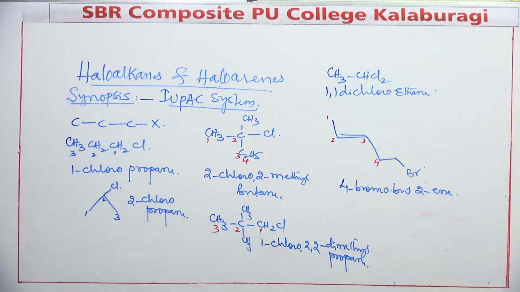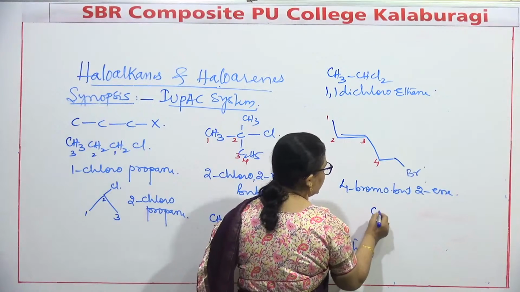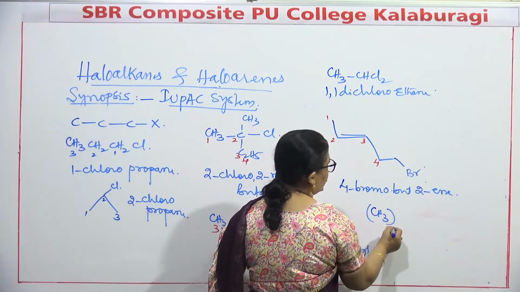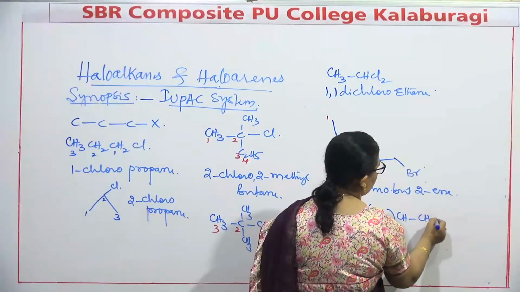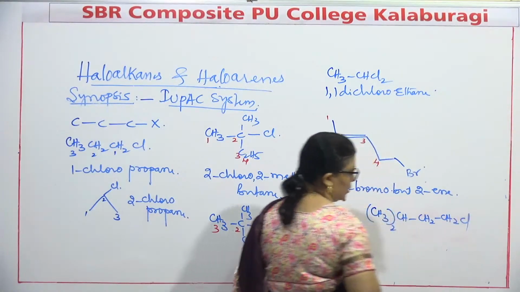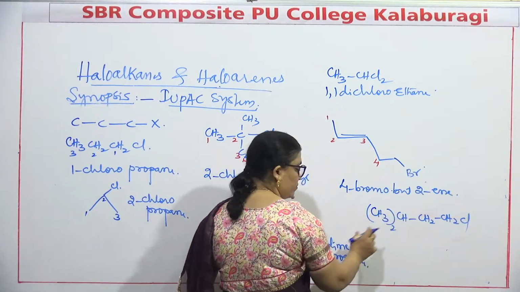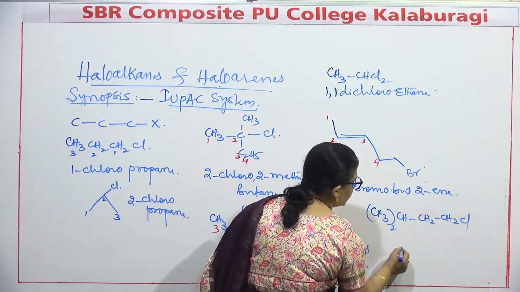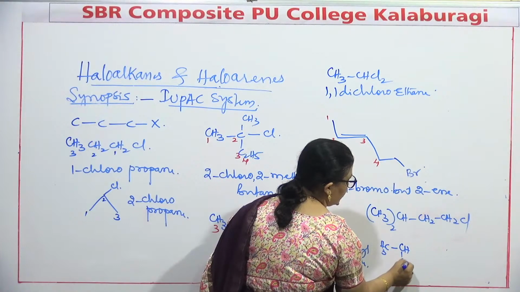Some more examples are there. If we are going to write an example like CH3 twice CH, CH2, CH2, Cl. Okay, how to name now? Just we'll expand this one. We'll write the open chain structure. This is CH3 and this is CH3.